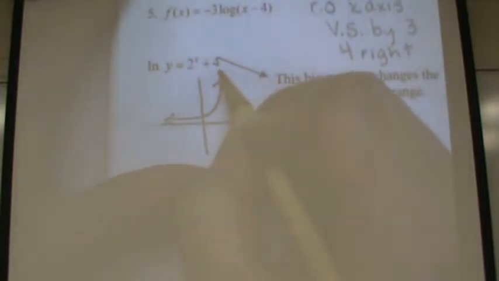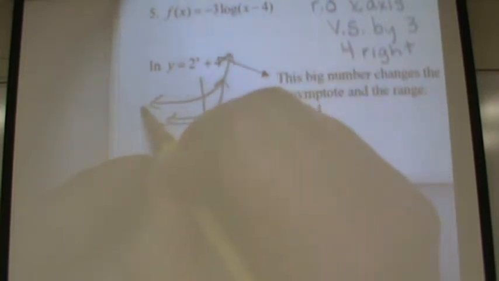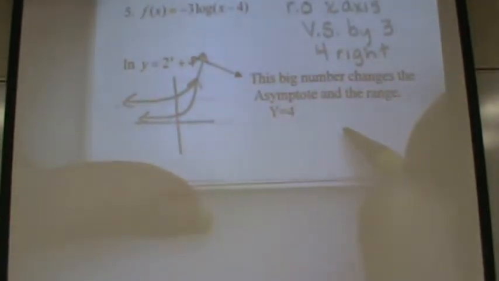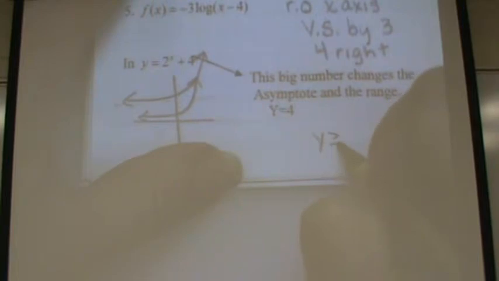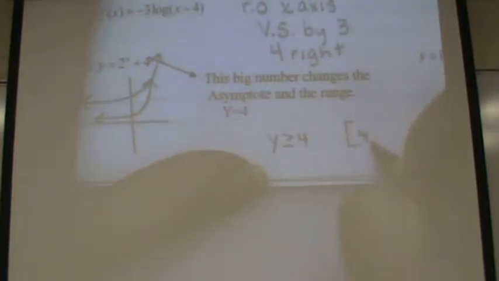By shifting this 4 units up, you have a new asymptote, y equals 4. Just wanted you to know that. So this big number out here is going to change your asymptote, and it's going to change the range. So the range for this is y is greater than or equal to 4. Or you could write it like this, 4 to infinity.